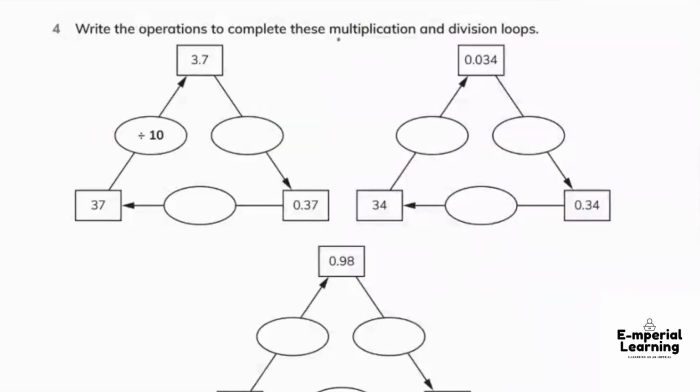Question 4 has to do with multiplication and division with 10, 100, 1,000, and so forth. When multiplying with a 10, the decimal point moves once to the right, because a 10 has 1 zero.